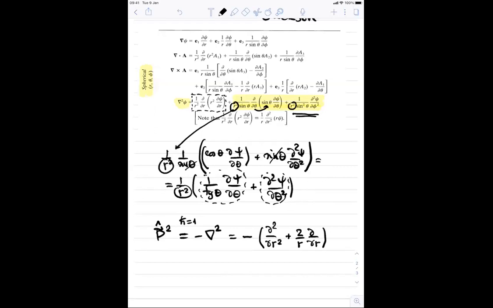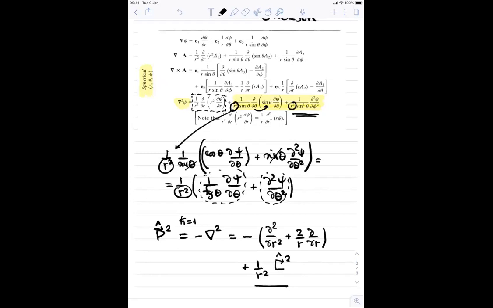And then there is another term that is plus 1 over r square, the angular momentum square, okay? So this term here is just what we see there.